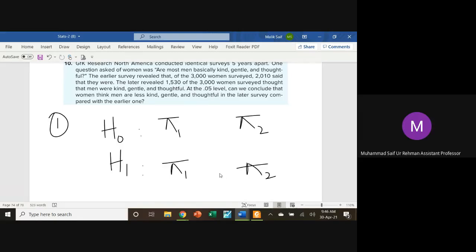Pi 1 is less than. Why? Give the reason. The question is in front of you. This is very important, because if you are unable to construct it, then there will be a problem. It is very simple.